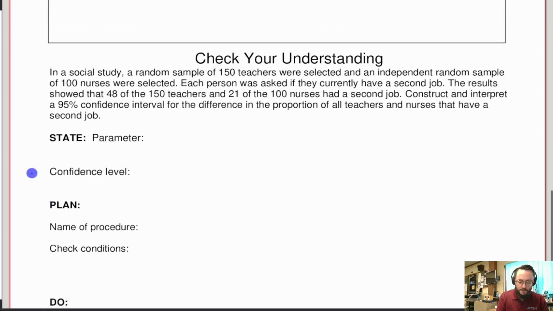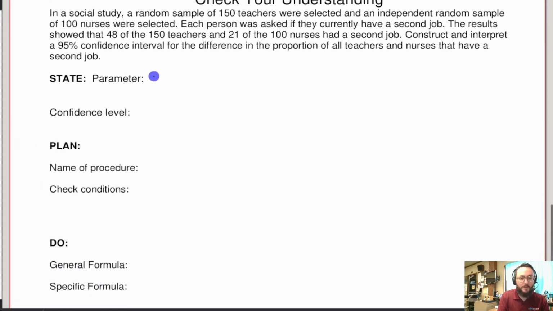All right, so let's go ahead and start with our parameters. We have two parameters, or two-ish. p1, which is the proportion of teachers with a second job. Sorry, I don't want to spend forever writing this.